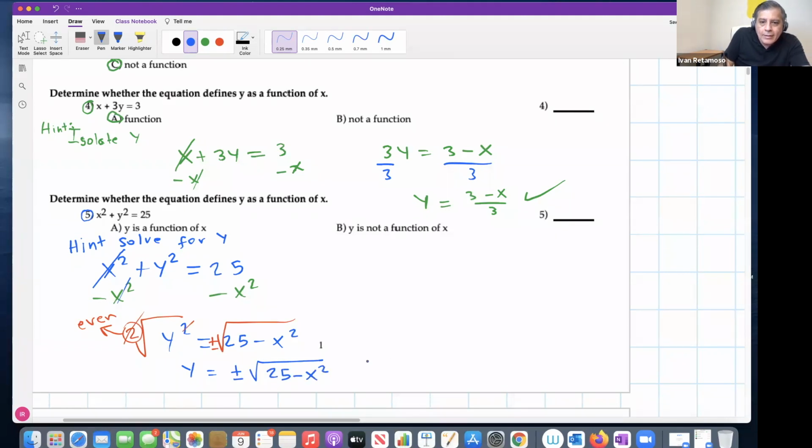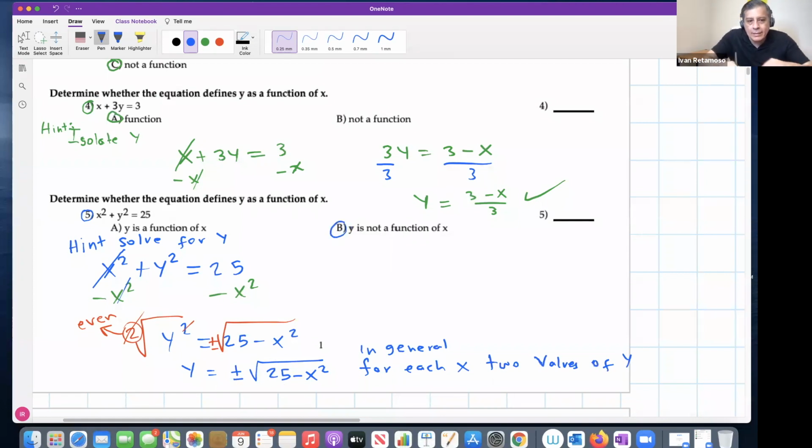In general, for each x, two values of y, one positive, one negative. You can see the plus minus. So this means that this is not a function, right?